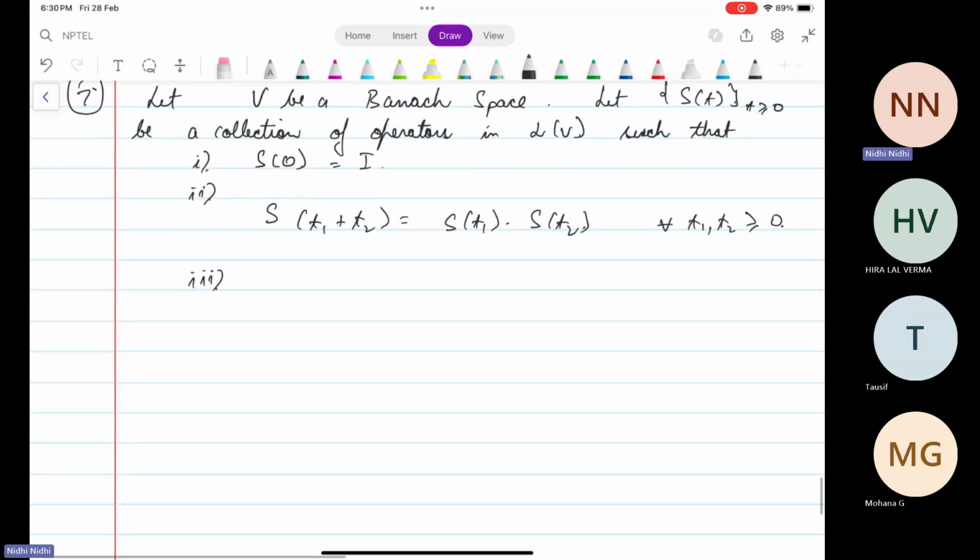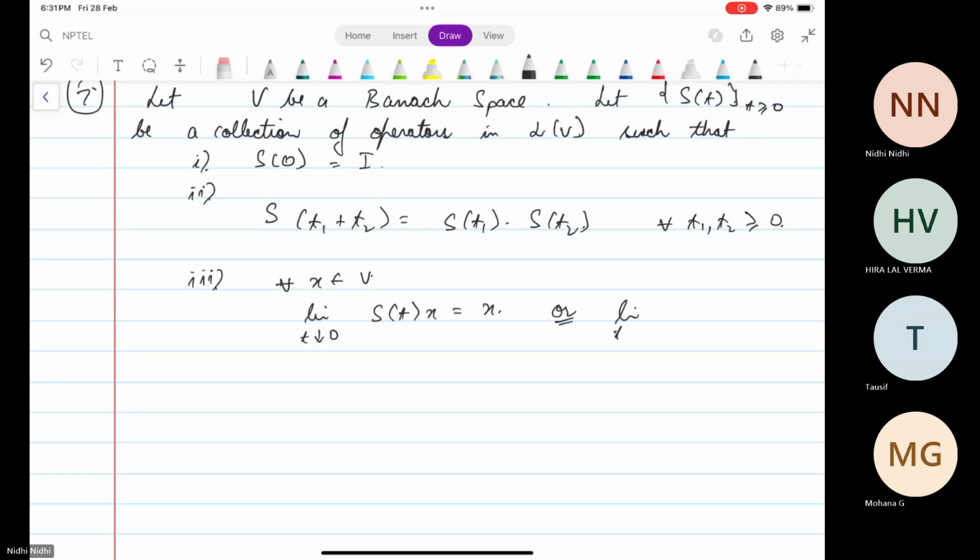And the third property says that for every x in V, the limit as t decreases to 0 of S(t)x is equal to x, or we can write it as the limit as t tends to 0 plus of S(t)x is equal to x.